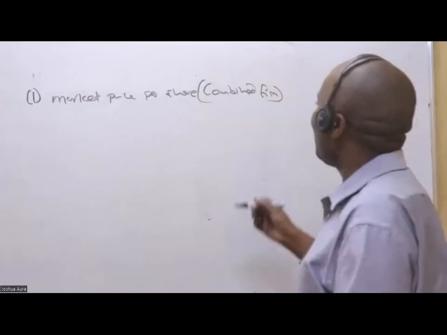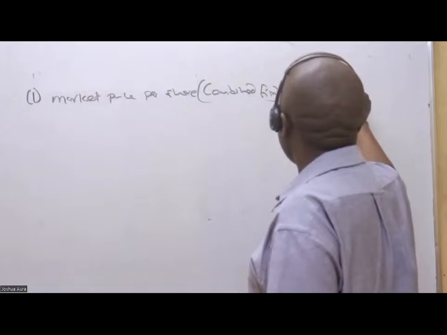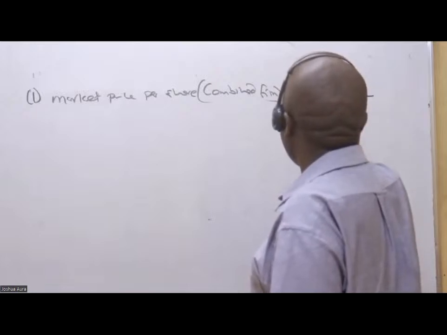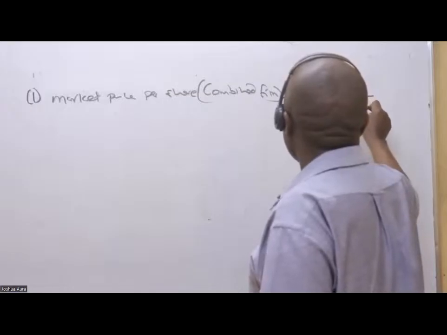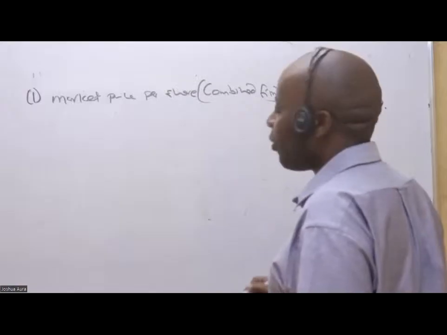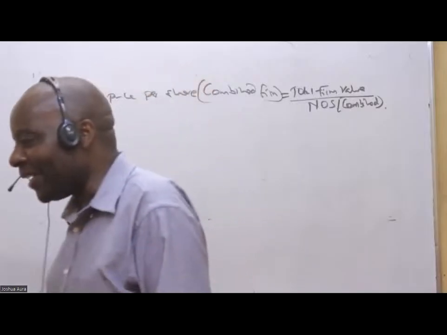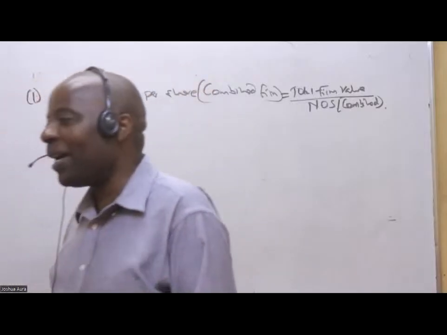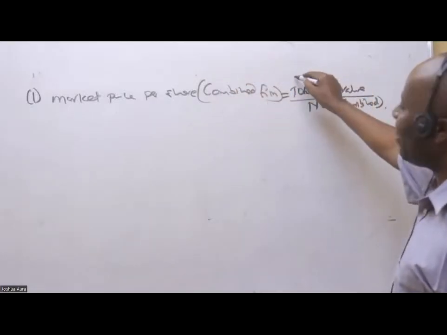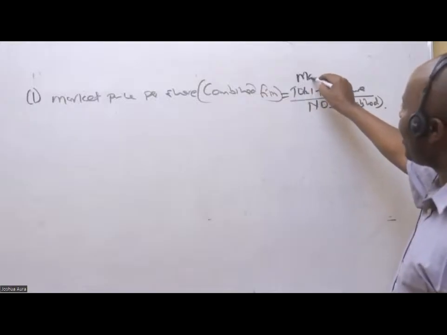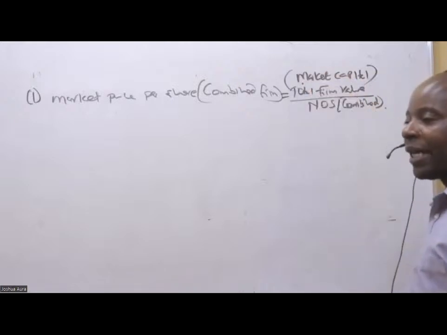This will be the total firm value over the total combined number of ordinary shares. Remember, total firm value is the same as market capitalization. I like calling it market capital.